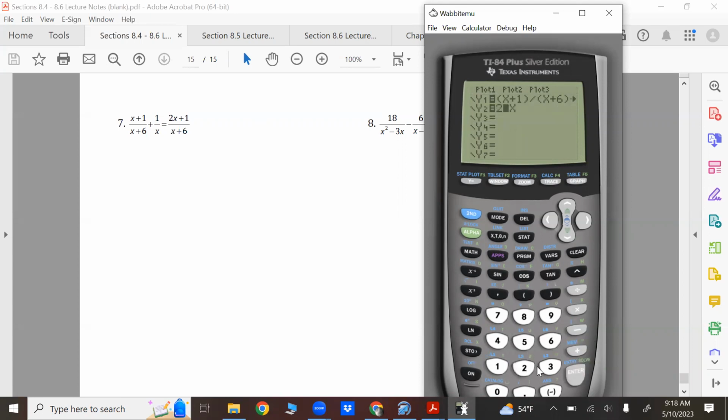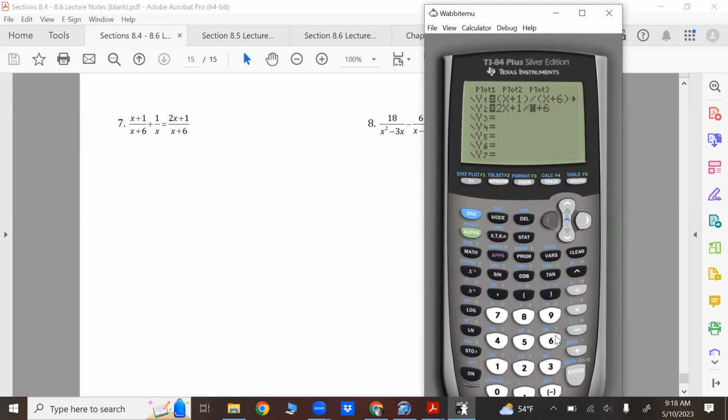By the way, if I don't put parentheses, just so you know what goes wrong, because you guys are just learning the calculator, what's the calculator going to think when it sees this? The second equation I did wrong. What rule that we talked about is the calculator following? It's going to do the 1 over x first. It's going to get so confused.